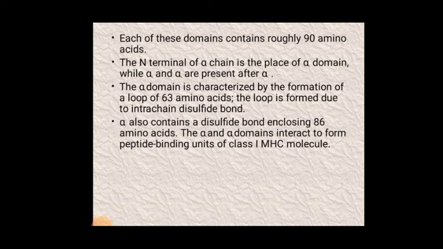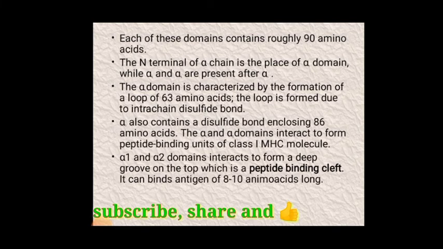Whenever these molecules process and present antigens to the T lymphocytes, the processed peptides bind within the region made up of alpha 1 and alpha 2, called the peptide binding cleft.